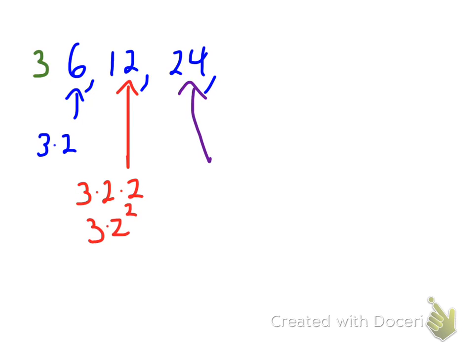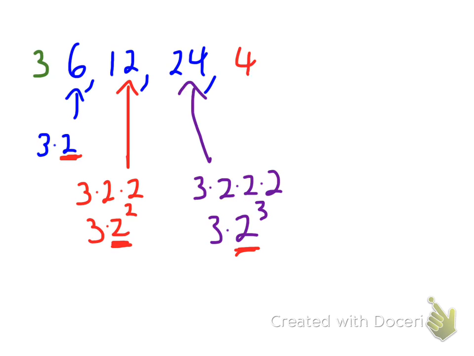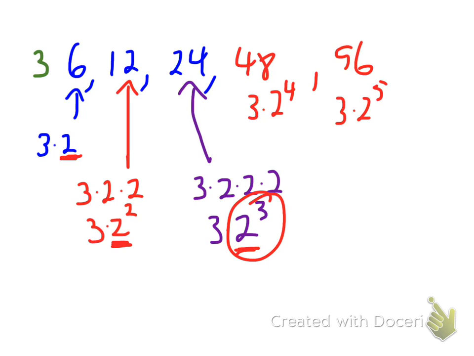This term now is 3 times 2 times 2 times 2, or 3 times 2 to the third. So what's happening here is I use my multiplier once, twice, 3 times, and so on and so forth. So 48 would be 3 times 2 to the fourth. 96 is 3 times 2 to the fifth, and so on.